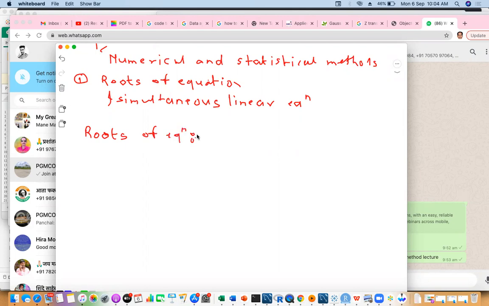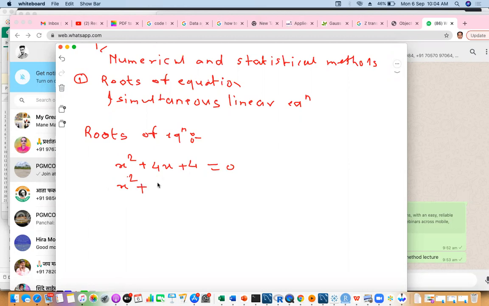So how to find the roots of equation? In 9th or 10th standard, you might have solved a quadratic equation like x square plus 4x plus 4 is equal to 0. This kind of equation you might have solved, right? So how did you solve this? You factorize this, right?